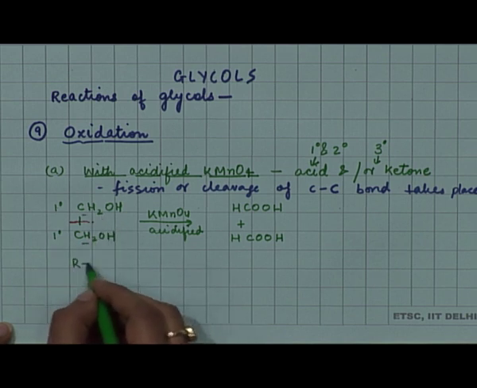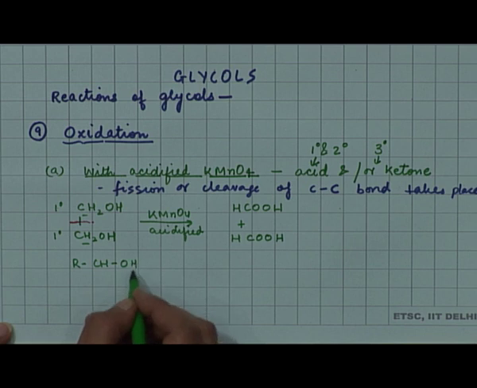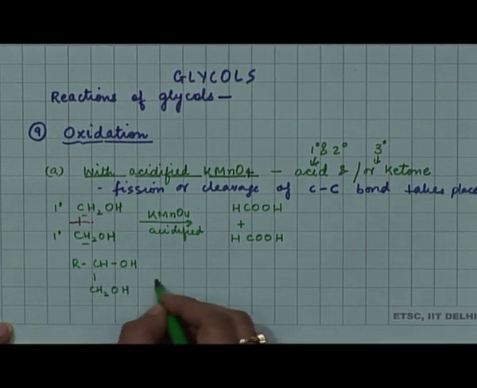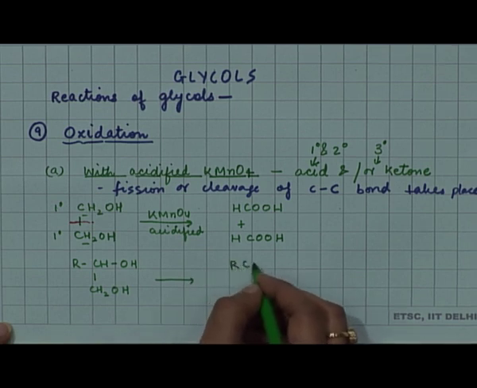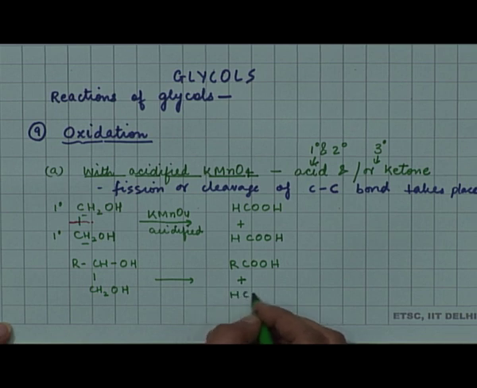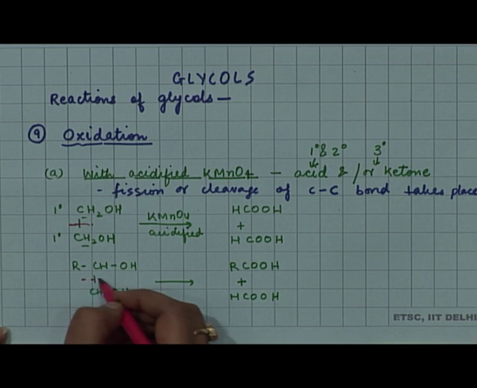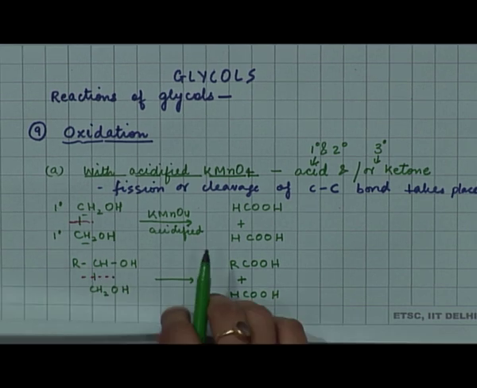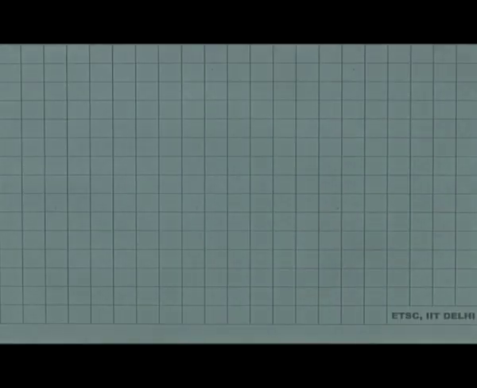If you start with a secondary alcohol and a primary alcohol, in this case you will get the corresponding carboxylic acid depending upon the R group, and you get 1 mole of formic acid. Again the cleavage takes place between the carbon-carbon bond here.